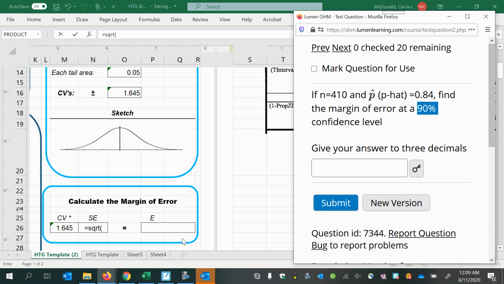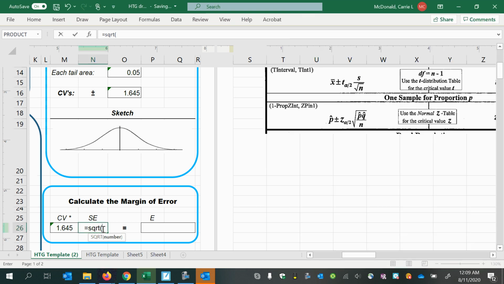So if your p hat is 0.84, let's go ahead and type that in, 0.84, then what would your q hat be? They have to add up to 1. So 1 minus 0.84 would be 0.16.